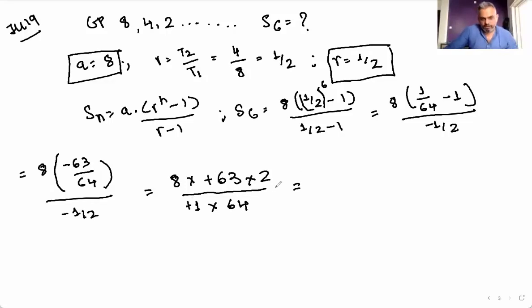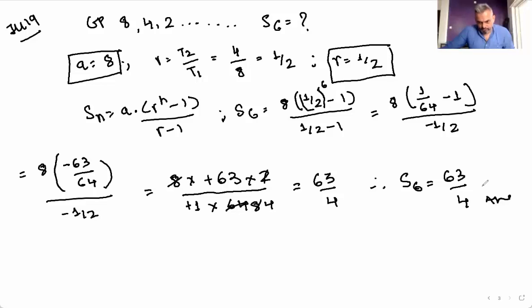So calculate कर लो, 8 8s are 64, 2 4s are, so which is 63 by 4. Therefore, S6 is equal to 63 by 4.